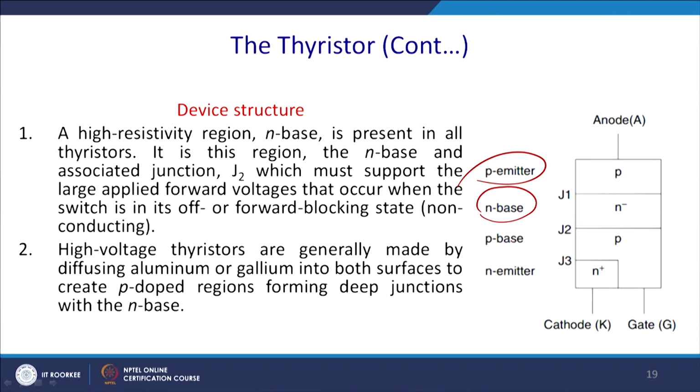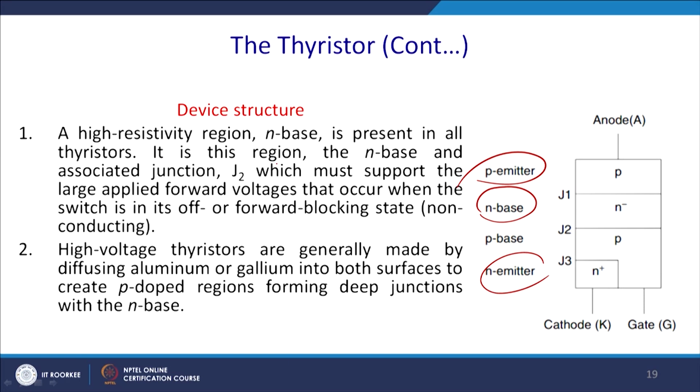So, let us come to the different layers and their concentrations. This is called the P emitter region, this is called the N base region, then again the P base region, and the N emitter region. So, this is the model, and a highly resistive N base region is present in all thyristors to give a blocking capability.